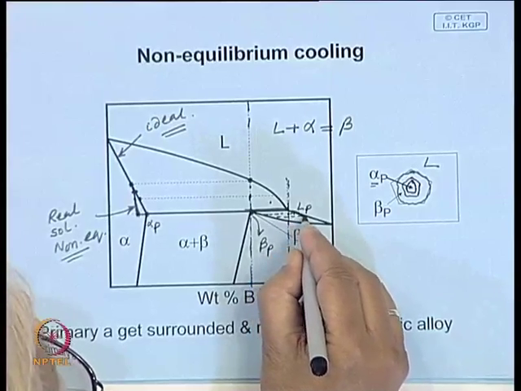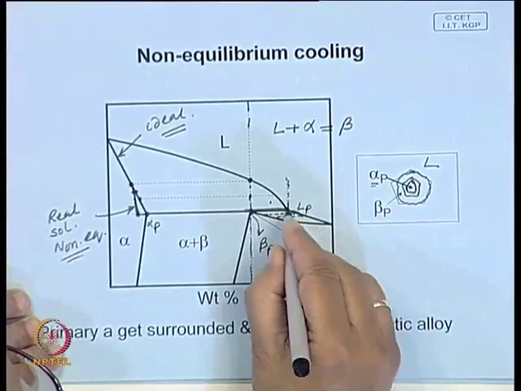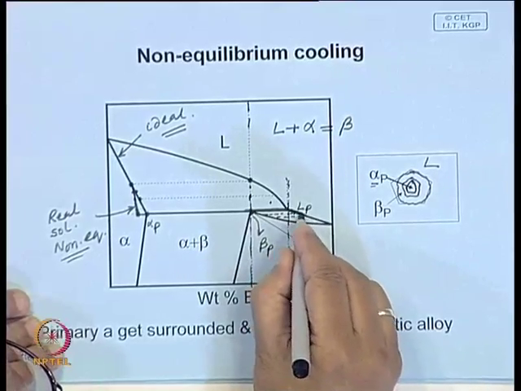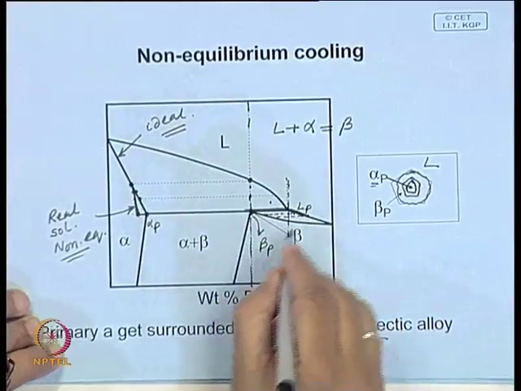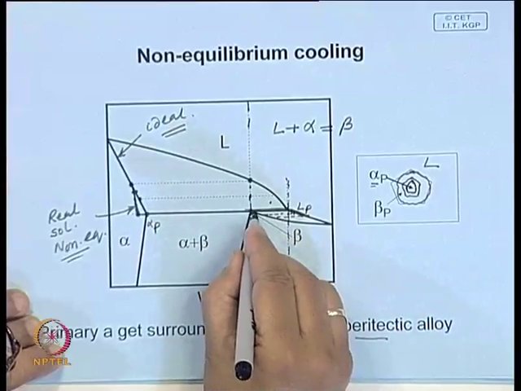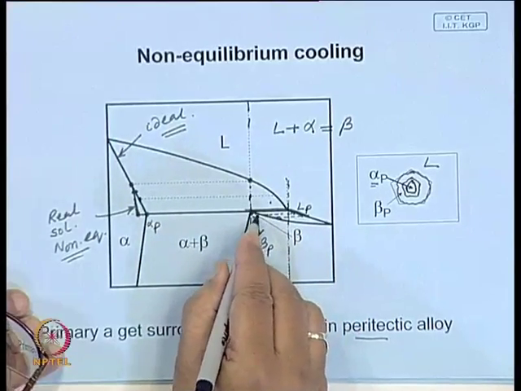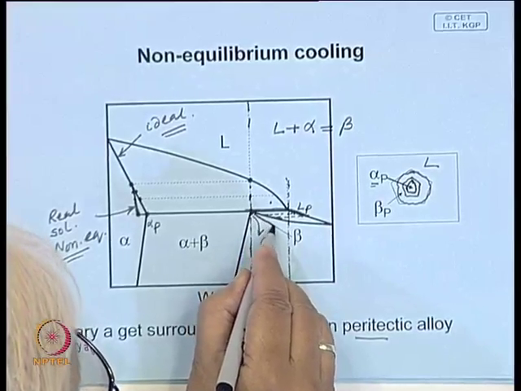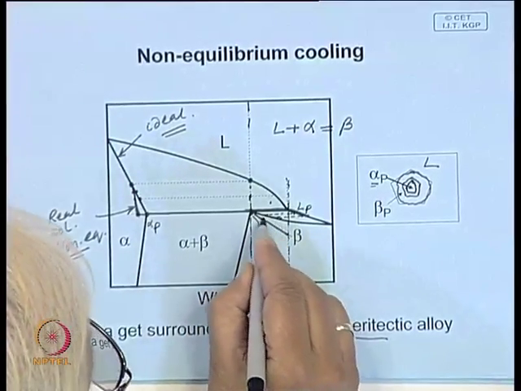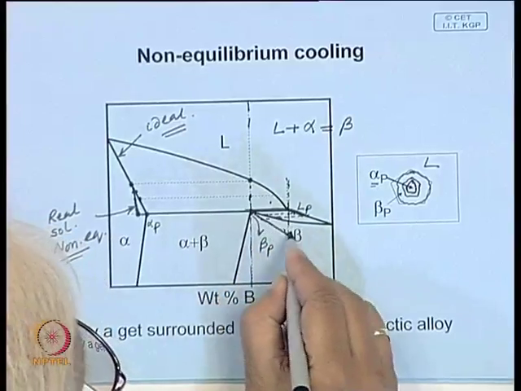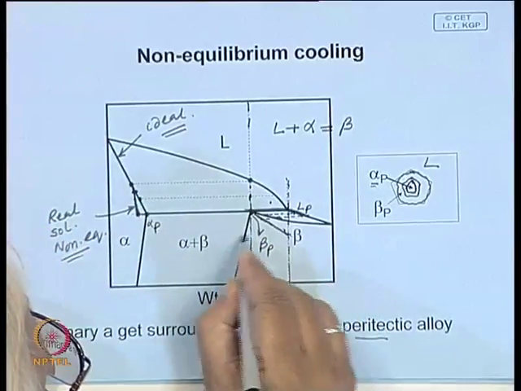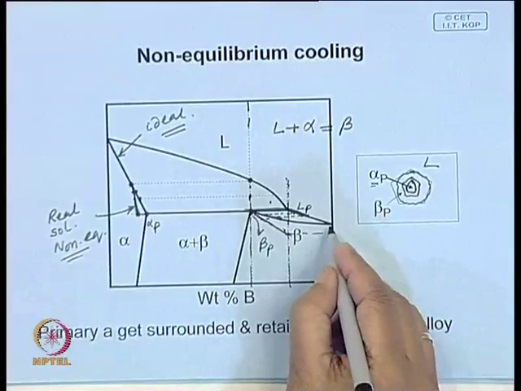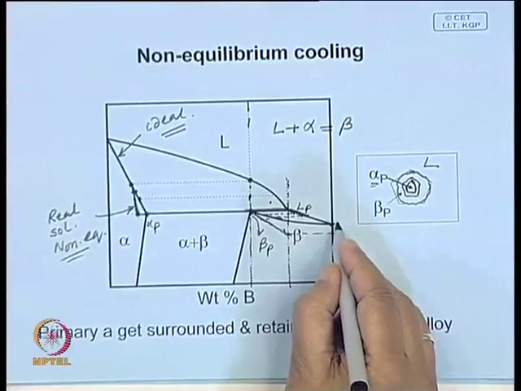The liquid composition will follow this path, because the diffusivity in liquid, the movement of atoms in liquid, is faster, so it is able to adjust composition with decreasing temperature, but solid is not able to adjust composition with decreasing temperature. So, here also the average composition would follow this line, and ultimately the solidification will be completed somewhere here, that is at a temperature much lower than the melting point of B.